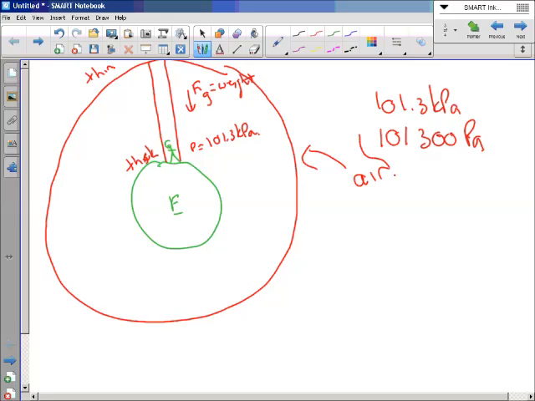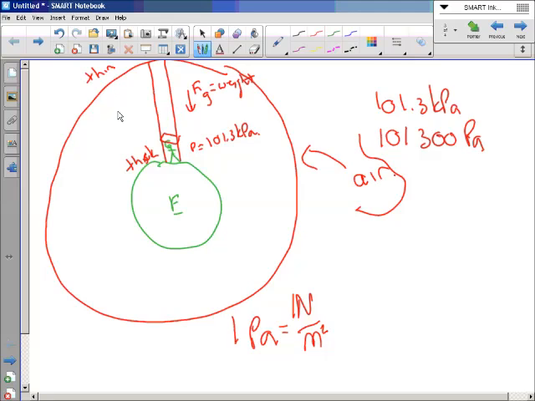And if we think about what a pascal is, remember yesterday, 1 pascal is equal to 1 Newton over 1 meter squared. Let's say that the area above my head is about a meter squared.